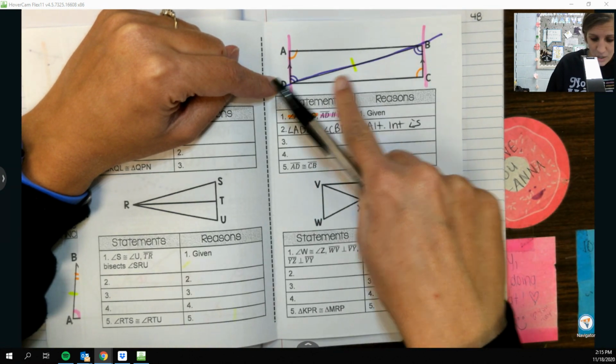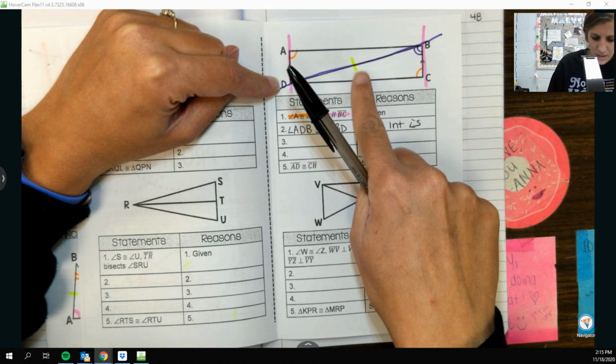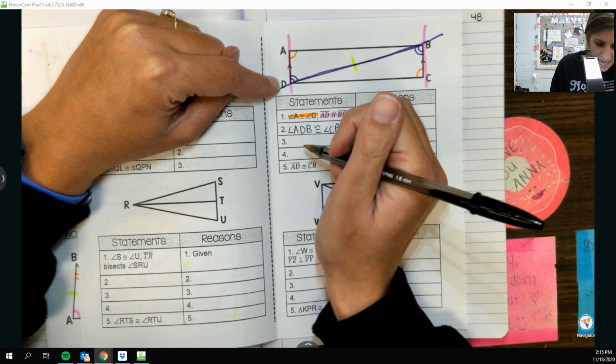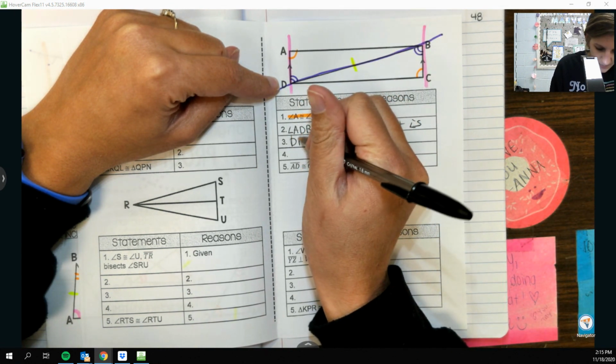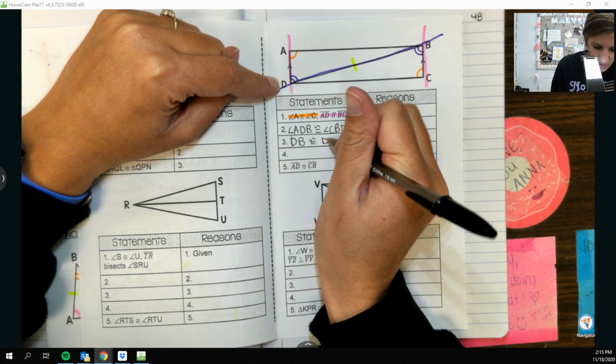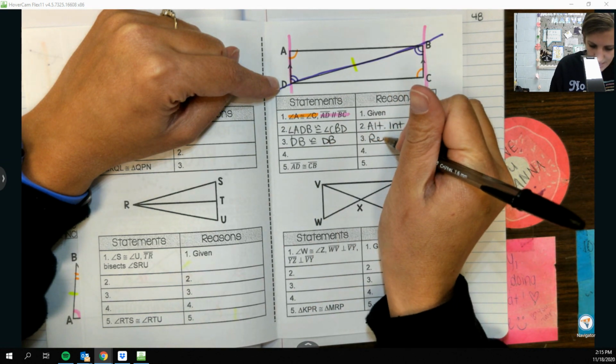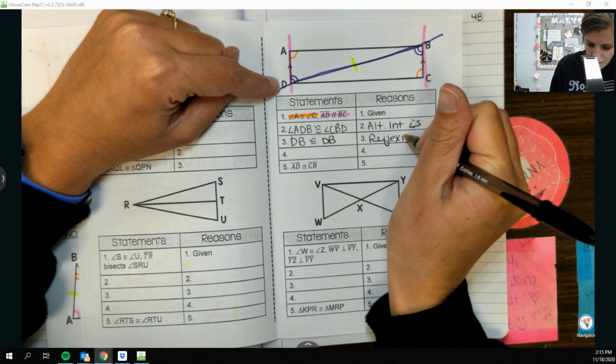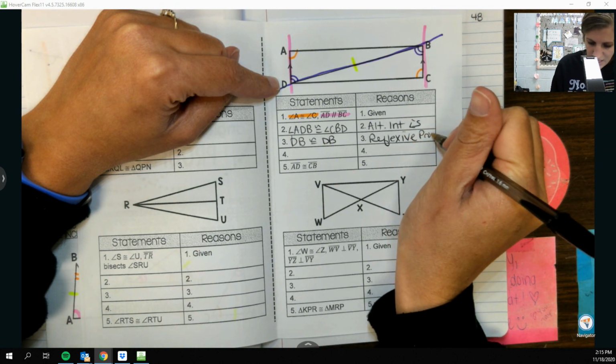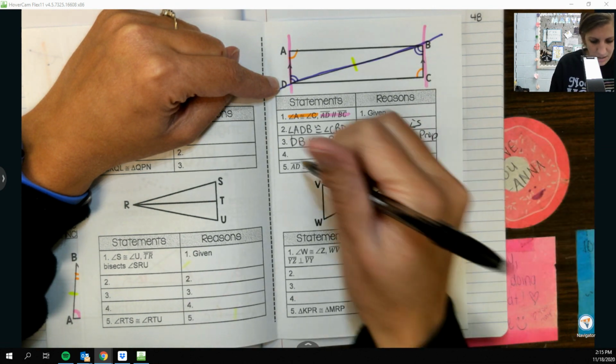Then I was able to mark with the little yellow tick mark that DB is congruent to itself by the reflexive property. I had a pause there because I don't know why I have this next reason, because I don't think we need it.